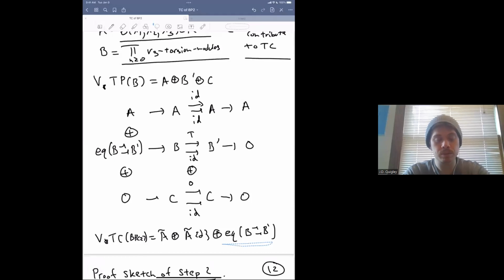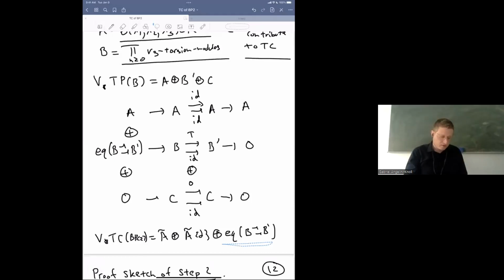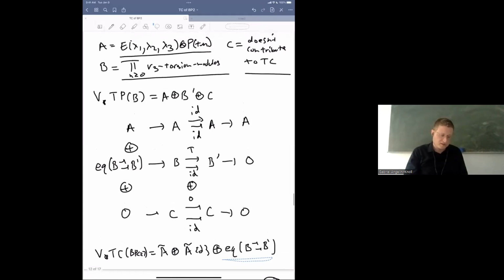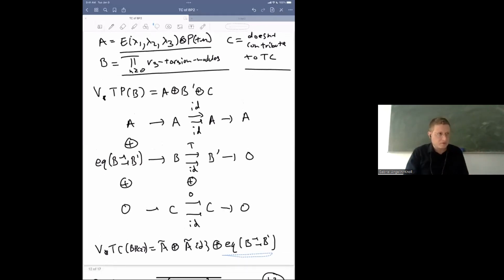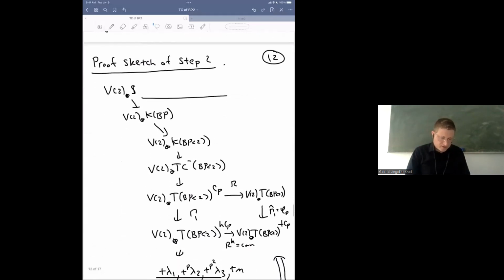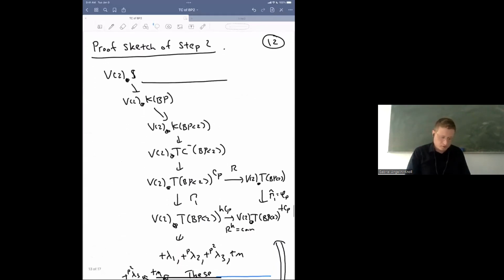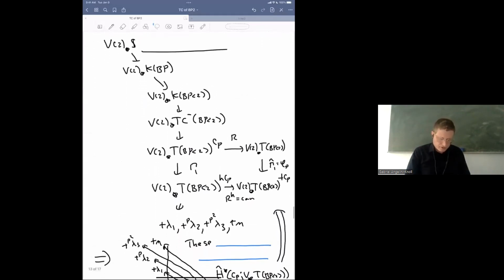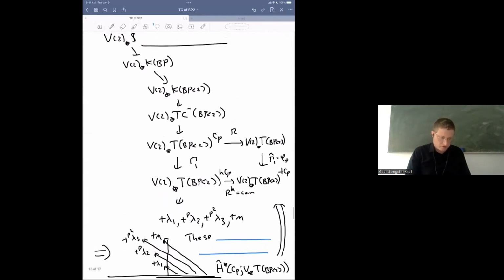Oh, perfect, perfect. Okay, so then I have time to sketch step 2, which is a particularly interesting part of the proof because it introduces these power operations that you could also apply in other contexts, I think. So that's why I wanted to talk about that. So first, I want to do a proof sketch of step 2. And first, I'm just going to make some claims about how things go.